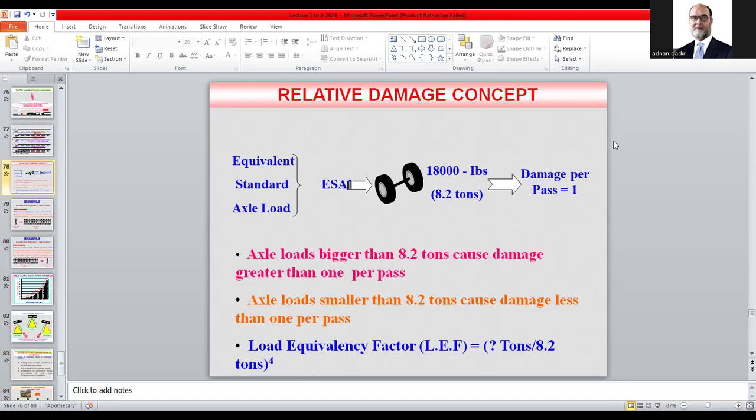While the practitioners in Pakistan just move it, they take 4.5 to create a more conservative design.